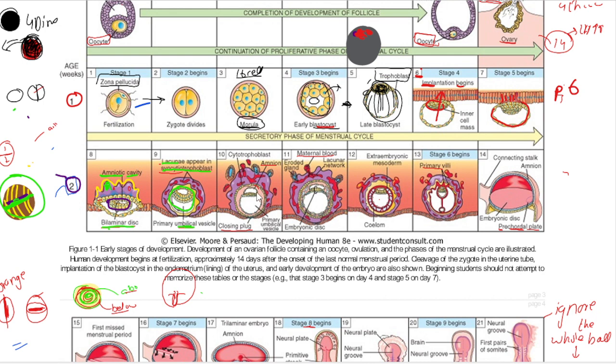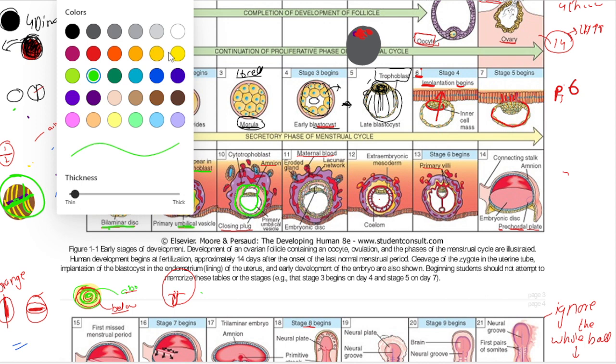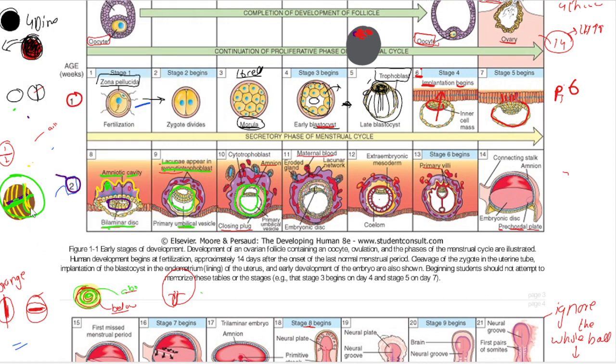Now the trophoblast divides into two. One is the trophoblast, and the other is the extra-embryonic mesoderm. This is the outer covering, and this outer covering divides into two.